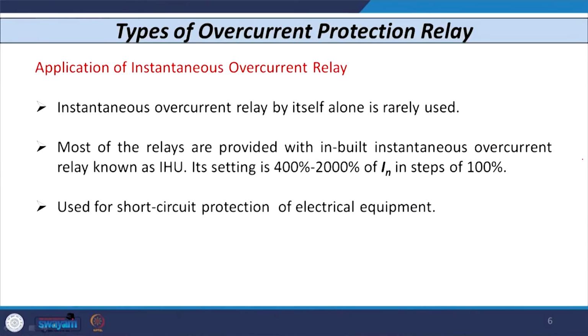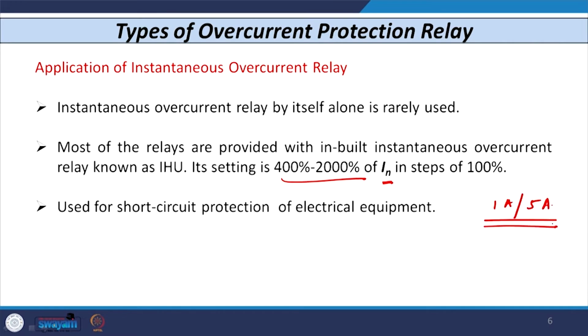Most relays are provided with an instantaneous overcurrent element, which has one setting known as IHU, instantaneous high set unit. Its setting value is normally 400% to 2000% of IN, where IN is the relay rated current. Relay rated current is always either 1 ampere or 5 ampere.